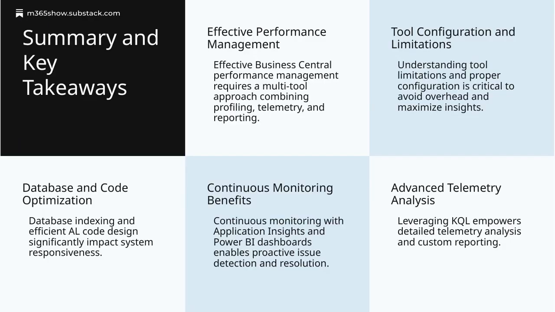Now, let's wrap up with some key takeaways on optimizing Business Central performance. First, effective performance management really depends on using a combination of tools, profiling, telemetry, and reporting, to get a comprehensive view of how the system is running. No single tool can do everything, so it's about integrating these approaches for the best results.